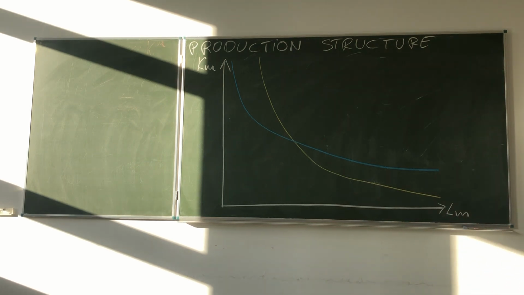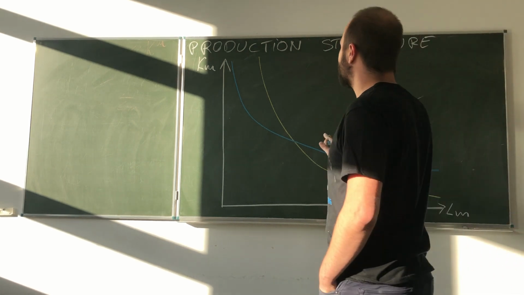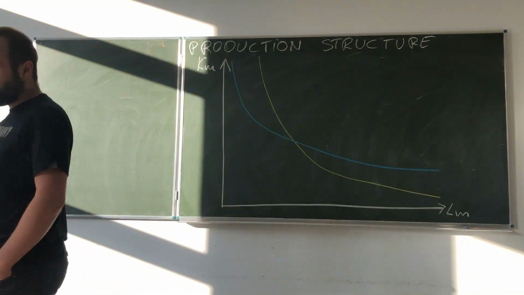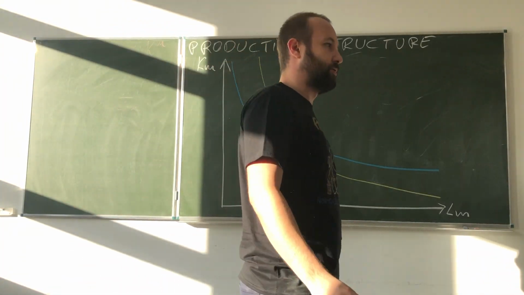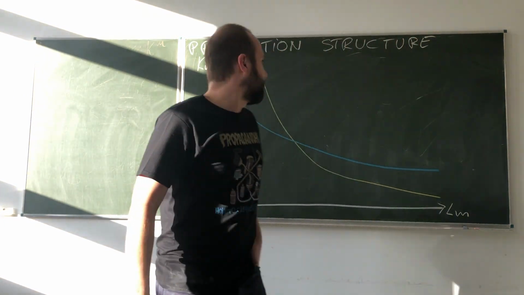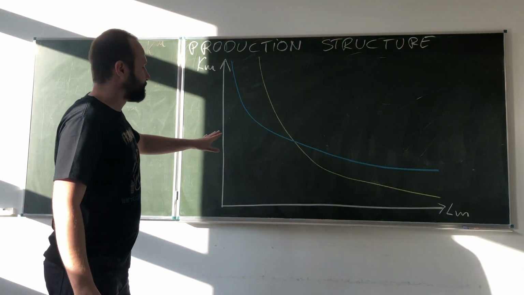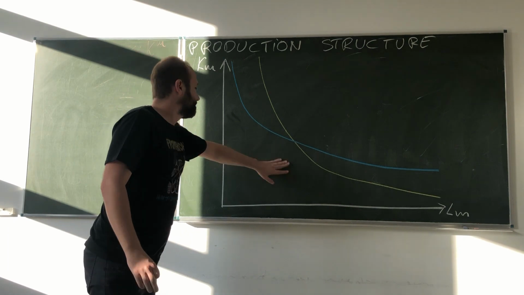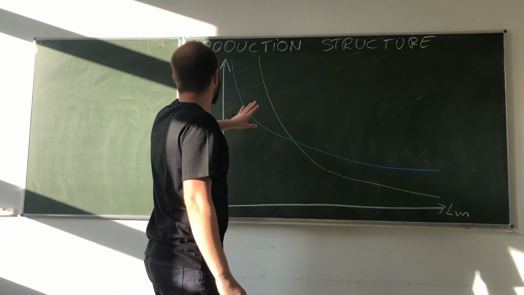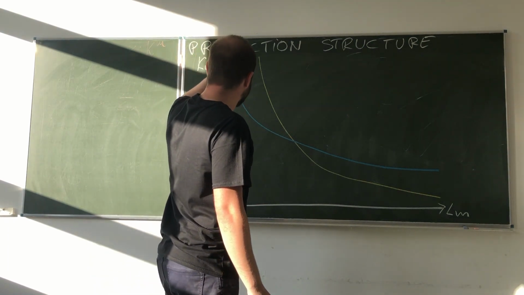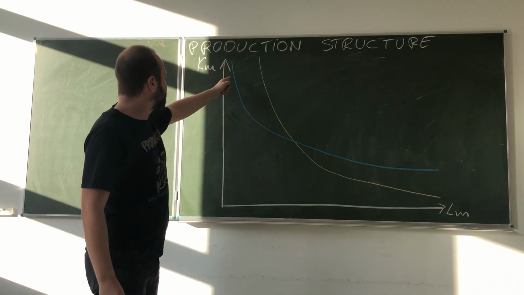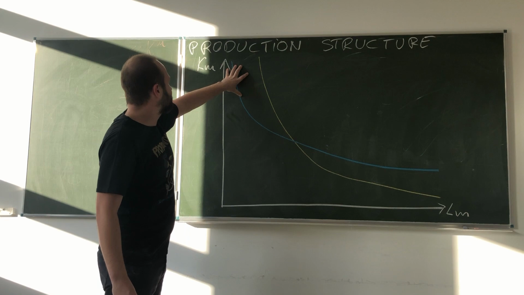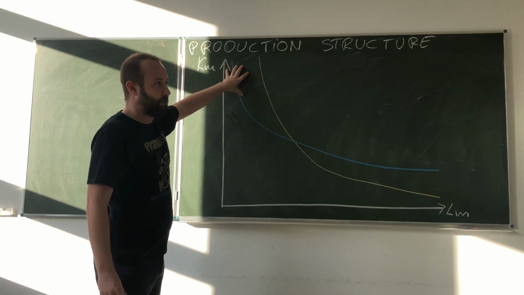Those 2 isoquants are representing production of 2 different goods. And we can clearly see that production of this good requires more capital.